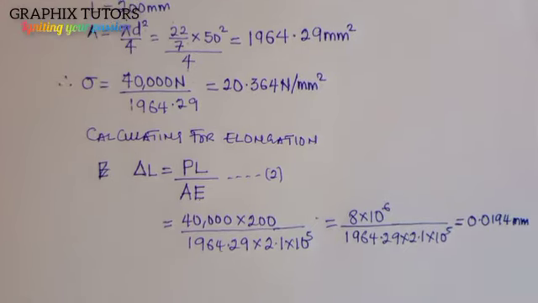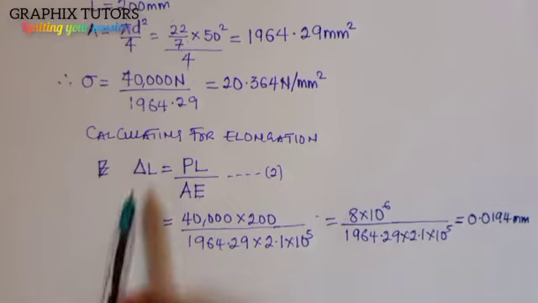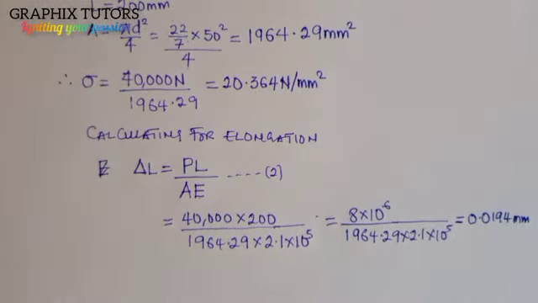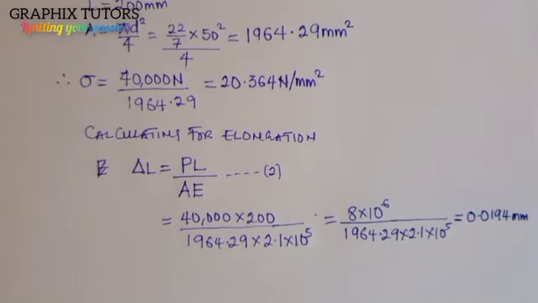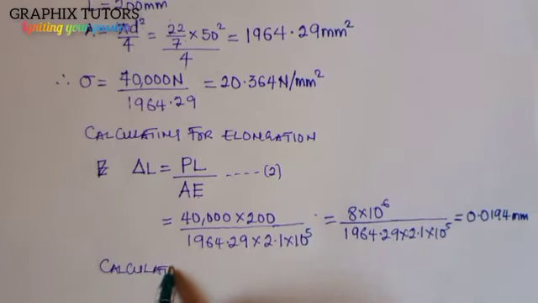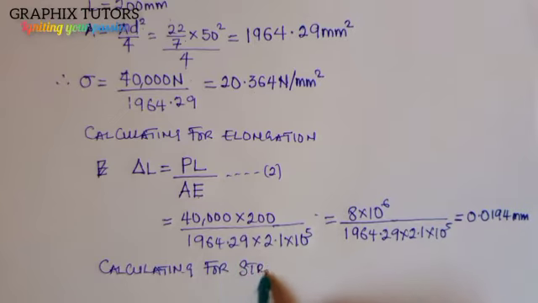So we'll move forward. Now we've gotten the elongation for section AB, I've gotten the stress for section AB. So the next thing we'll do, we'll go to what? Section BC. So calculating for stress at section BC, right?